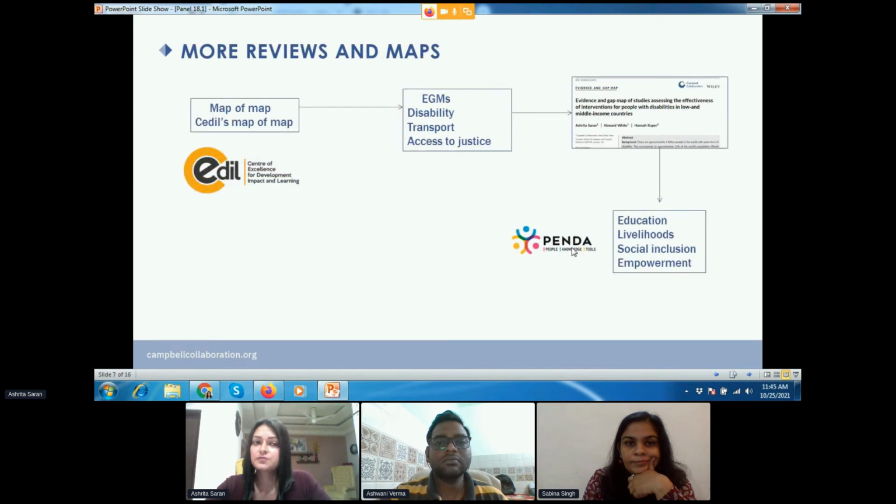Also, we try to produce more reviews and maps using Campbell's strategy of identifying the key evidence gaps from the previous map of maps or previous evidence and gap maps, and working towards the areas to develop more evidence synthesis in those areas. One such example would be the disability evidence and gap map. For this particular map, we started off with a map of maps, which was funded by CEDL, which identified 3 strategic areas on disability: transport, and access to justice.